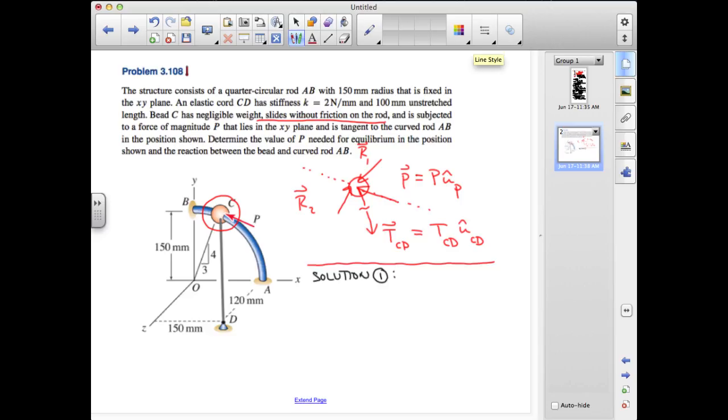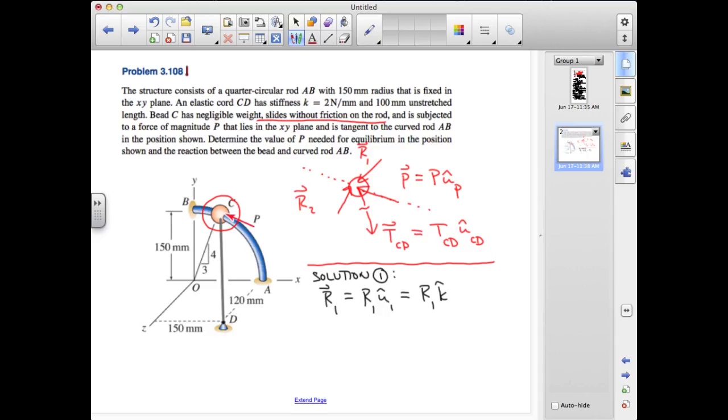So for solution 1, I'm going to actually represent the reactions R1 and R2 explicitly. We're given that this quarter circular rod AB lies in the xy plane, so one of the things we can do that will give us a reaction that's perpendicular to that quarter circular arc is to say that R1 is a magnitude R1 on a unit vector that is perpendicular to that quarter circular arc, and that would be in the k direction. So this would be one acceptable representation for one of those reaction force components.